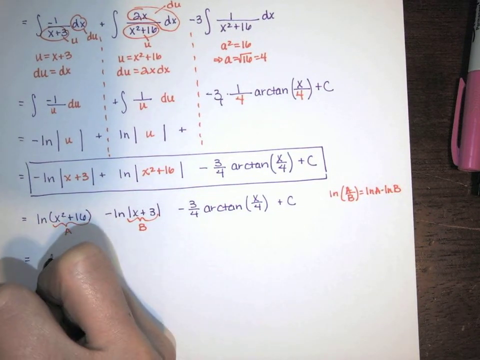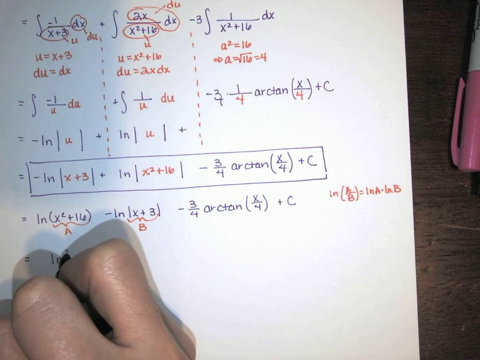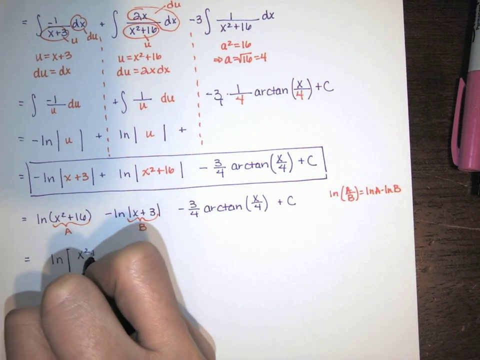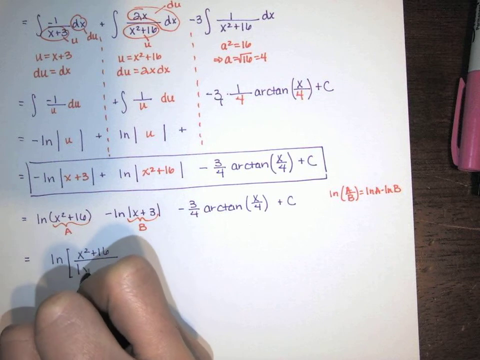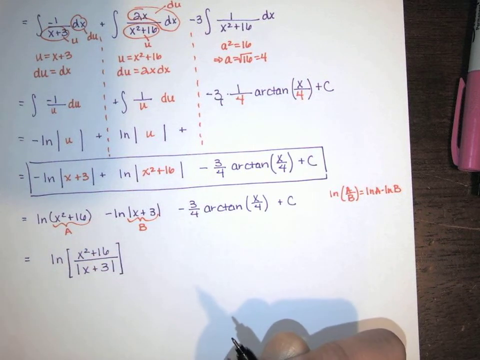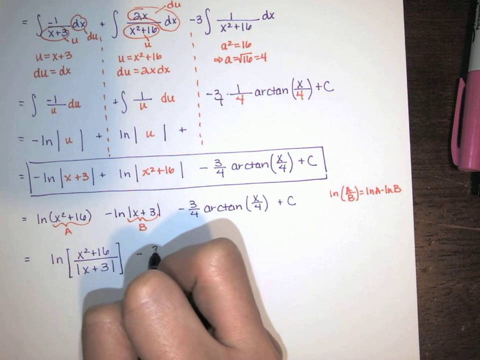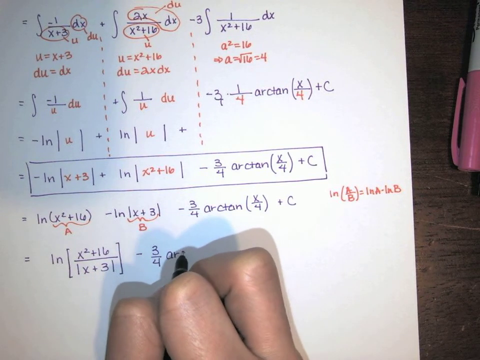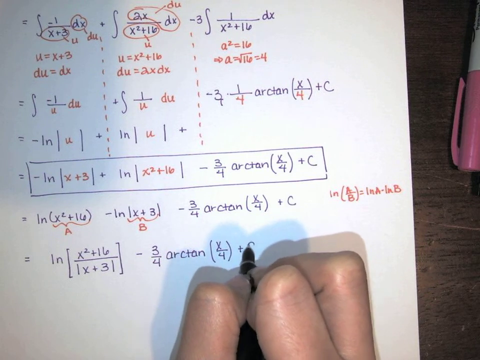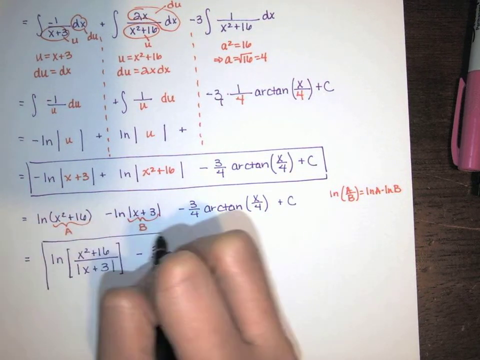So if you're checking your answer in the back of the book, you might see it written this way. The brackets may be overkill, but I feel better when they're there. Try to be very clear with the grouping symbols. All right, so that's an alternate form.